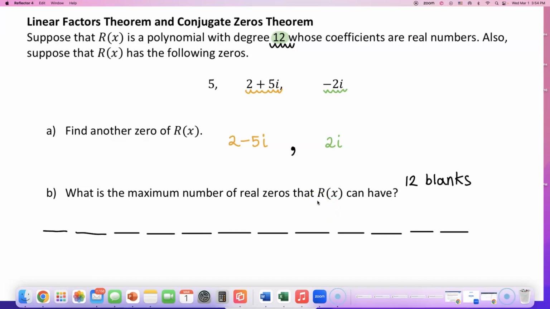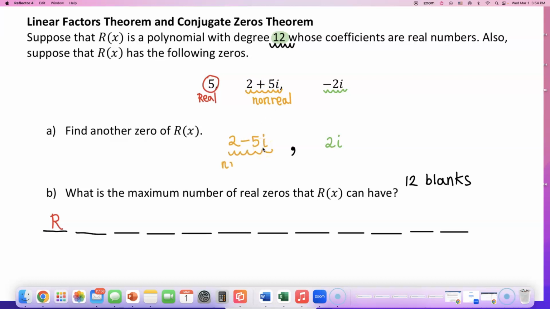So the first one, 5, what they gave me, that's a real number, right? 5 is a real number, so I'll put capital R to abbreviate real number, okay? The next number they gave me is non-real, right? I'll say non-real, non-real, okay? But if 2 plus 5i is a zero, well, we know 2 minus 5i is also a zero, right?